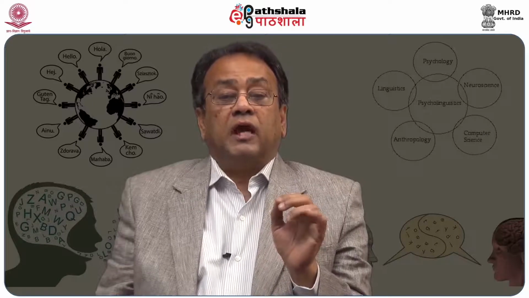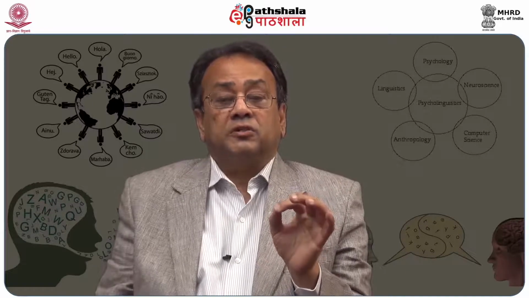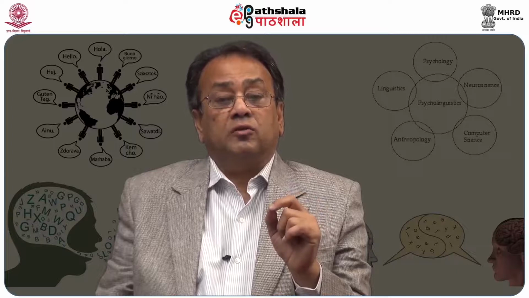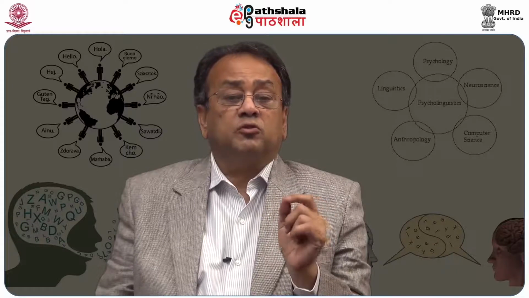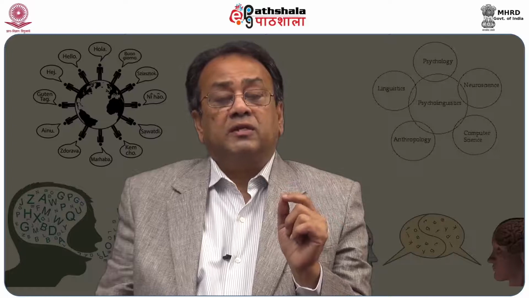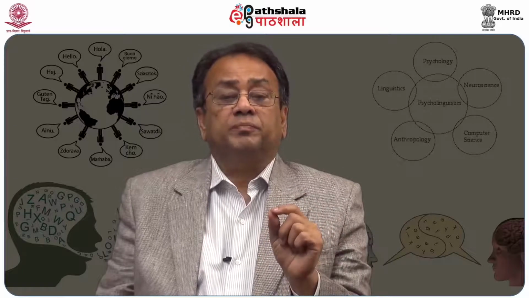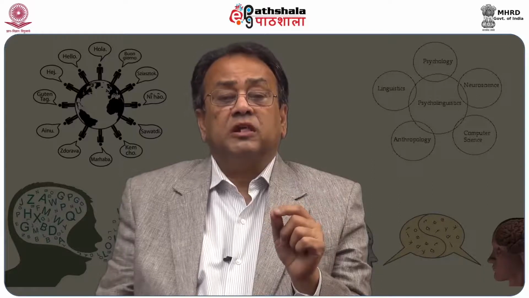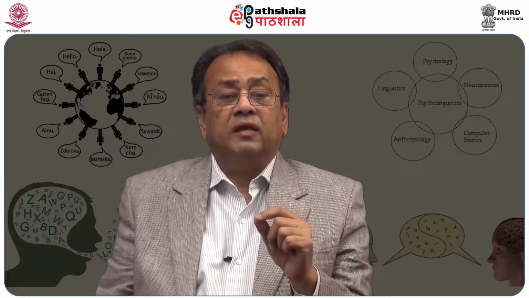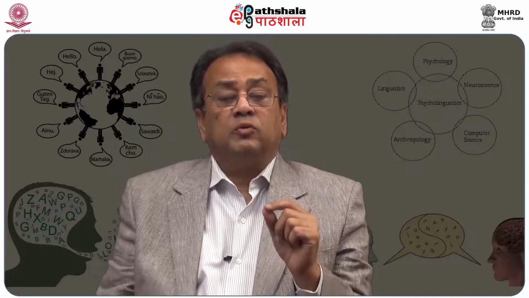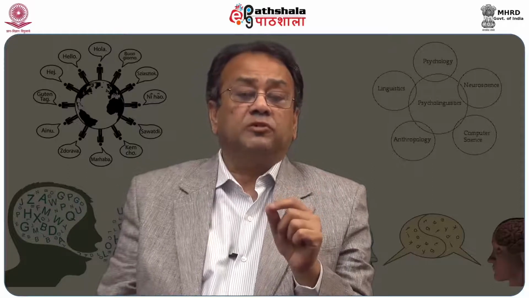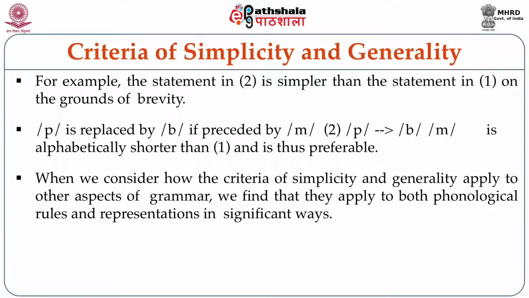The distinctive features are already known to you, they have been introduced to you. What the theory says is, if you use distinctive features in place of segments, then your grammar will be simpler. We will have to see how this can be proved to be so.